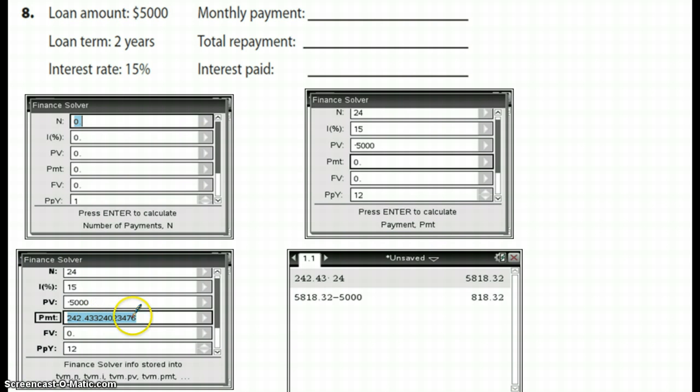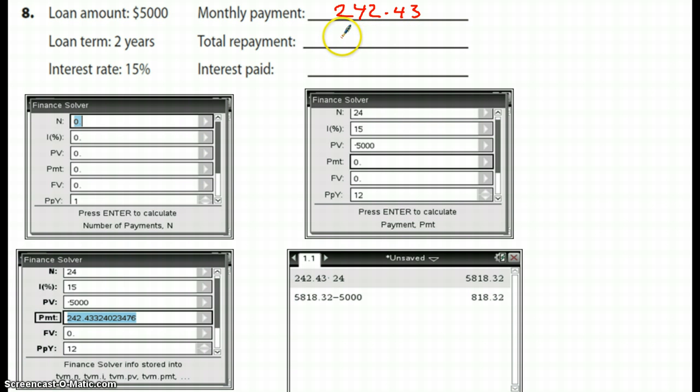Notice I'm going to drop the rest of these figures because the 3 behind the 3 is less than 5. So what is the total interest paid? My monthly payment is $242.43.